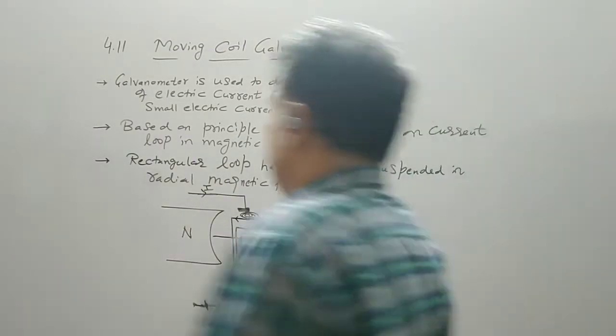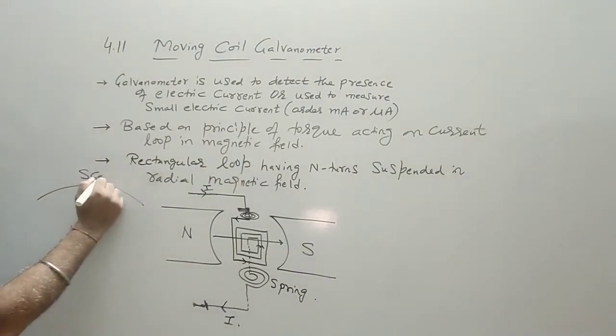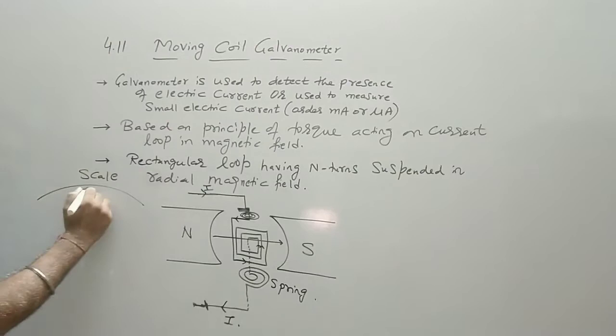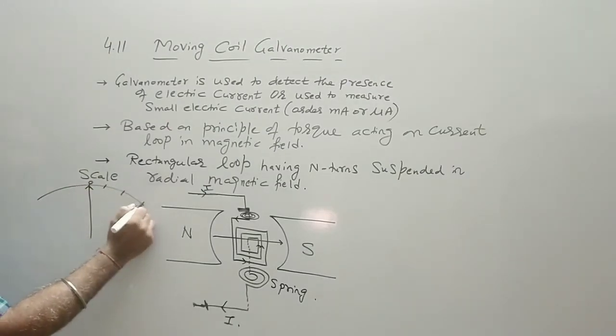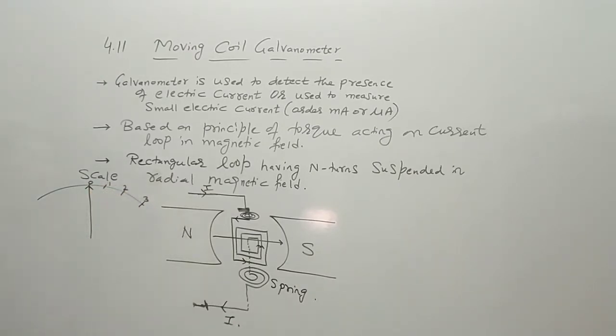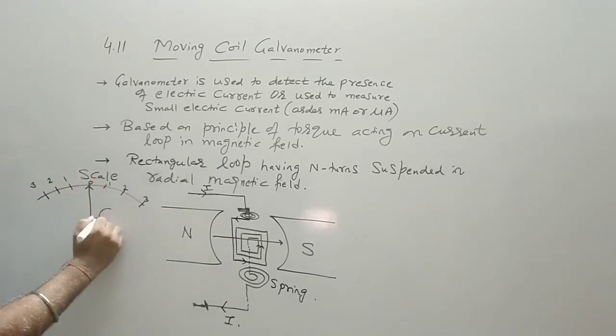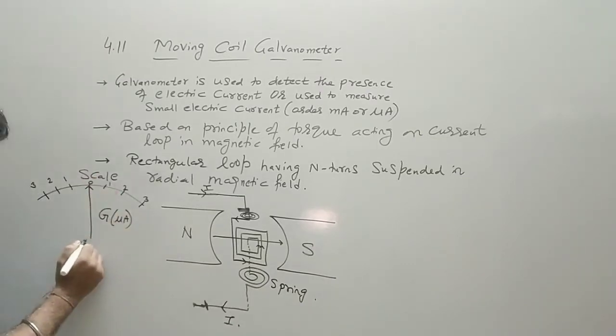If you have seen the galvanometer, we have a scale where this is 0, and then we have markings here. Let us say it is 1 microampere, 2 microampere and 3 microampere. Similarly, on the other side 1, 2 and 3. Say this is microampere, and the capital G is written with the range or order of microampere. So this is a scale, this is a pointer.